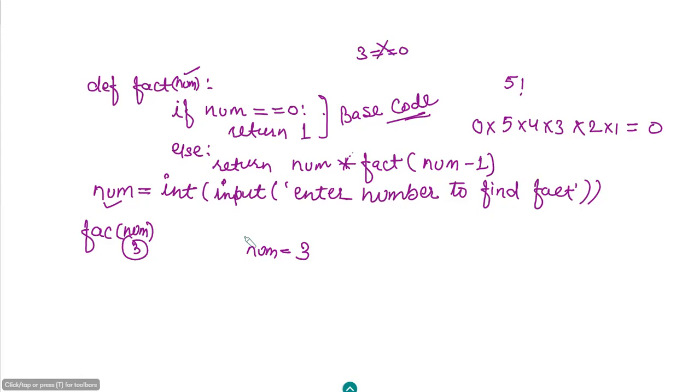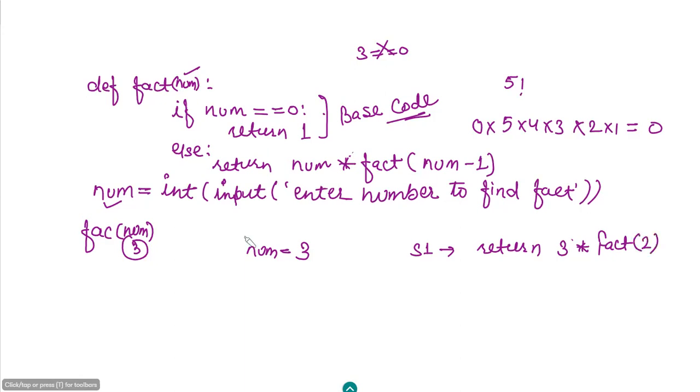Now the interpreter will come inside the else block, and here in step 1 you will get return num multiplied by fact(num minus 1). Num is 3, and num minus 1 is 2.